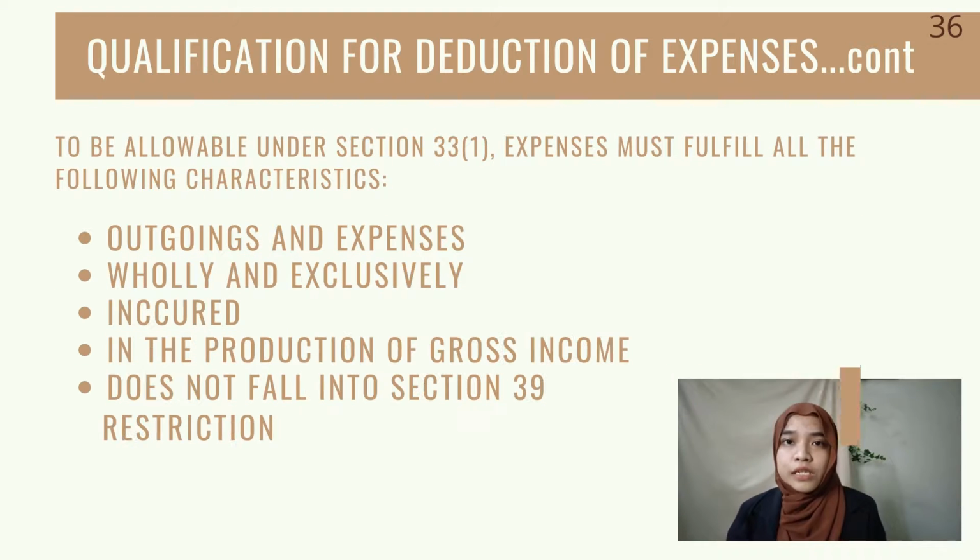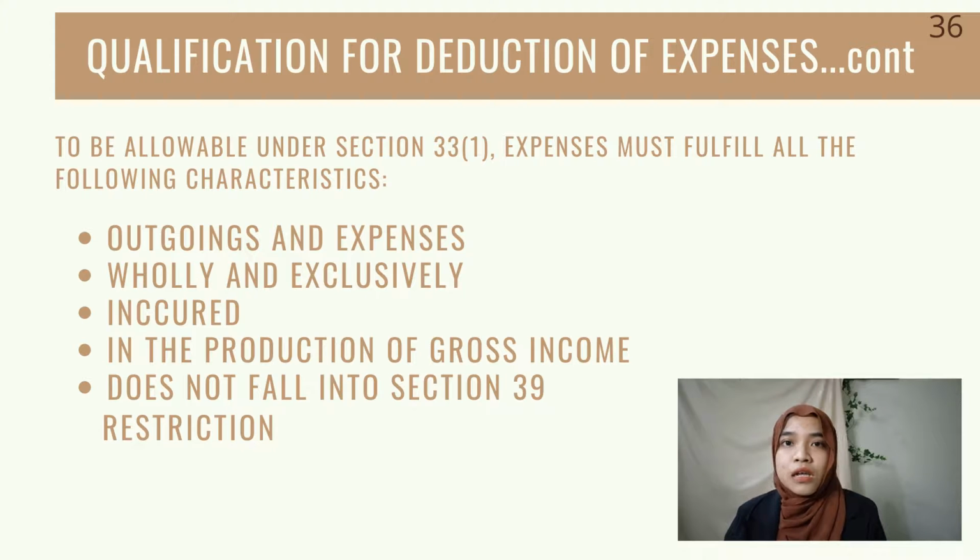To qualify for deduction under Section 33(1), the expenses must fulfill all the characteristics, which are outgoings and expenses wholly and exclusively incurred in the production of gross income, and must not fall into Section 39. You can read this information on the websites of our sources on the last slide for further info.